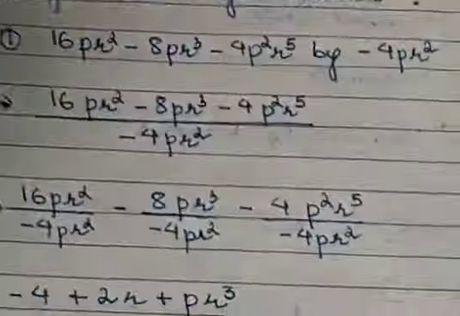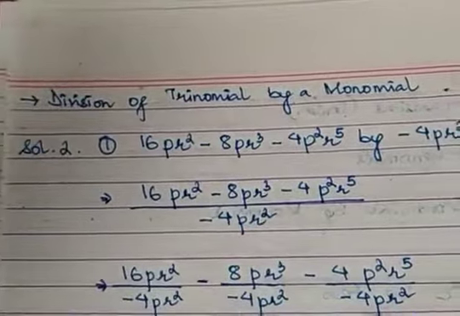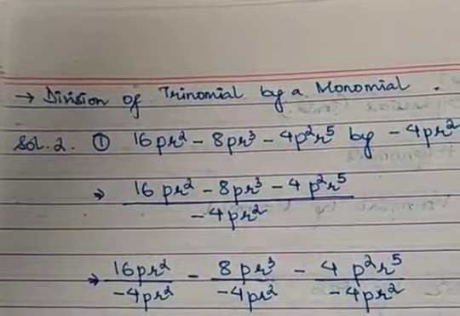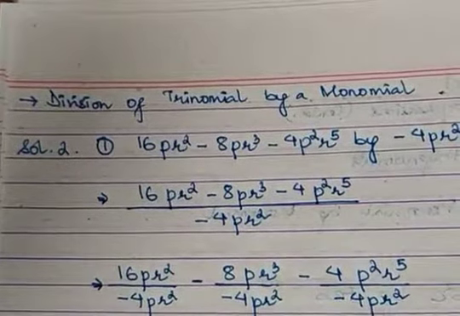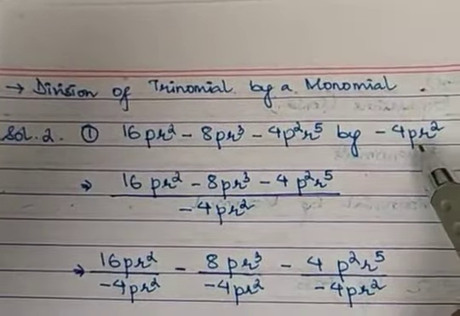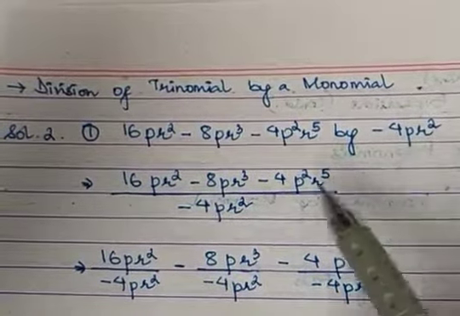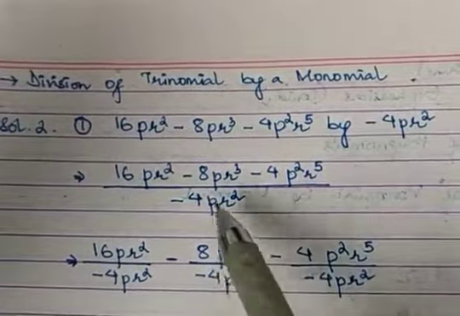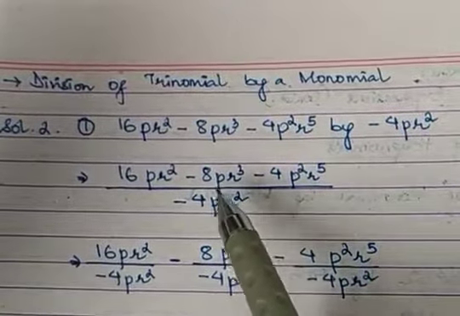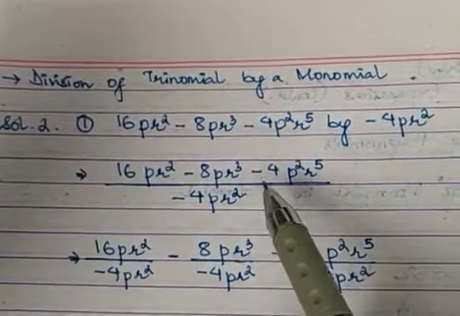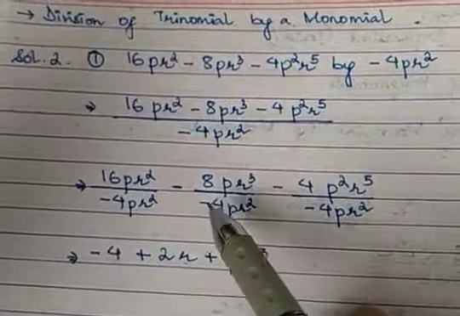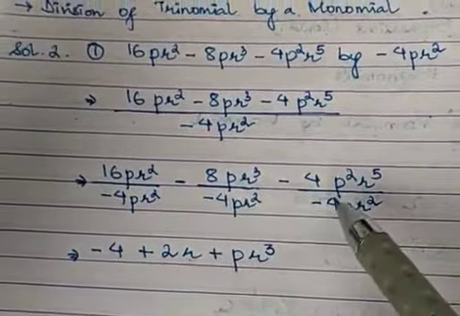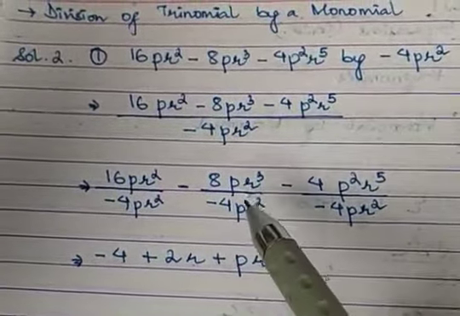Okay, again, what we have here in the next one, division of a trinomial by a monomial. So trinomial, that is 3 terms, by a single term monomial. So what I have done here, I have placed the monomial in the denominator part. See, denominator. And from there I have separated the terms, in fractional form.